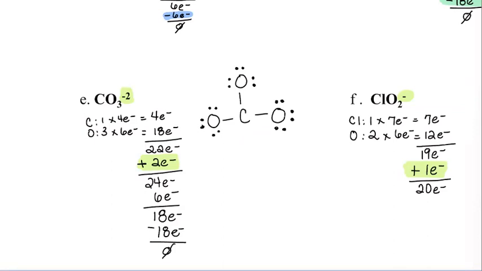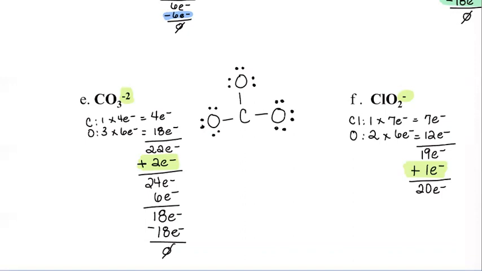Am I done? No, there is one atom in my system that doesn't have 8 electrons and needs 8 electrons. Which atom is that? Excellent. My carbon. Where am I going to get those electrons to give to carbon? Excellent. From oxygen.